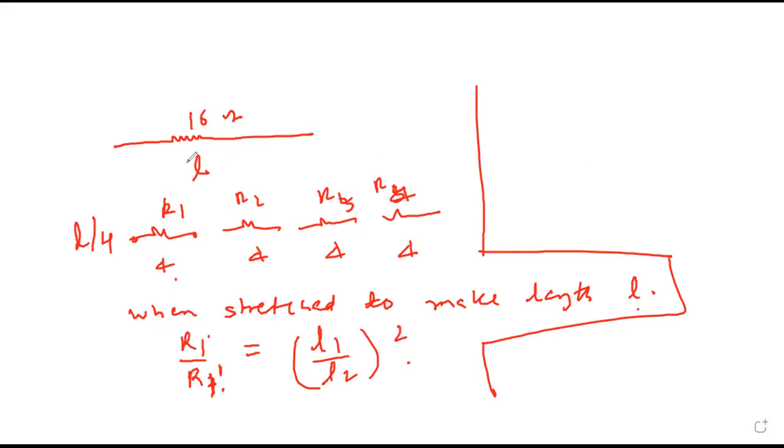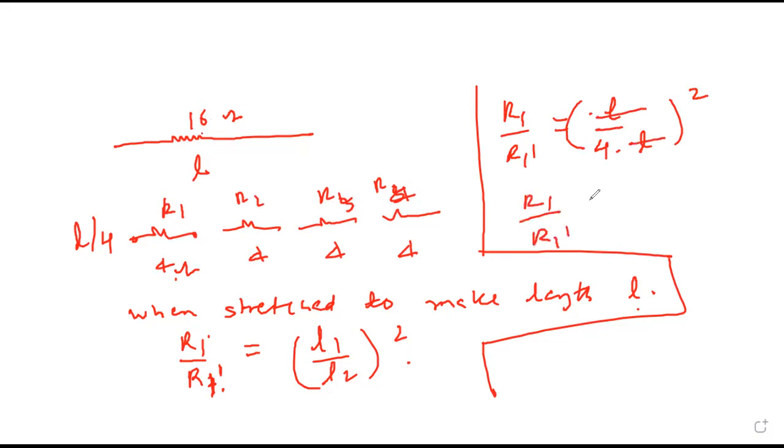So by cutting into 4 parts, each is 4, 4, 4. By stretching up to length L, the resistance of each will become, first it is L by 4, then stretched up to length L. So this L will get cancelled. So you will get R1 upon R1 dash is 1 by 16.